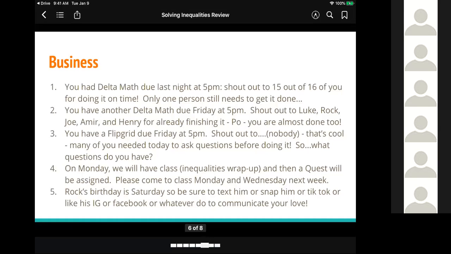Are we gonna have like a project due before the end of like this? No, we are not. So I changed that. That was my original plan, but I really wanted to do more with these inequalities. So I changed the plan on Monday. I kind of went over this for people who were in class Monday.